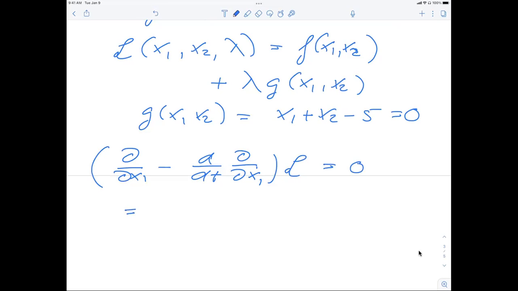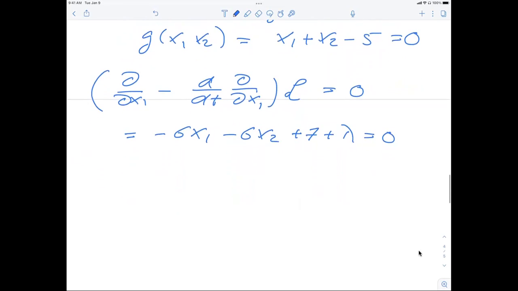When we take the derivative, what we get is minus 6 x1 minus 6 x2 plus 7 plus lambda is equal to 0. What happens next is that this gives me x1 plus x2 equal to 1 divided by 6 of 7 plus lambda.